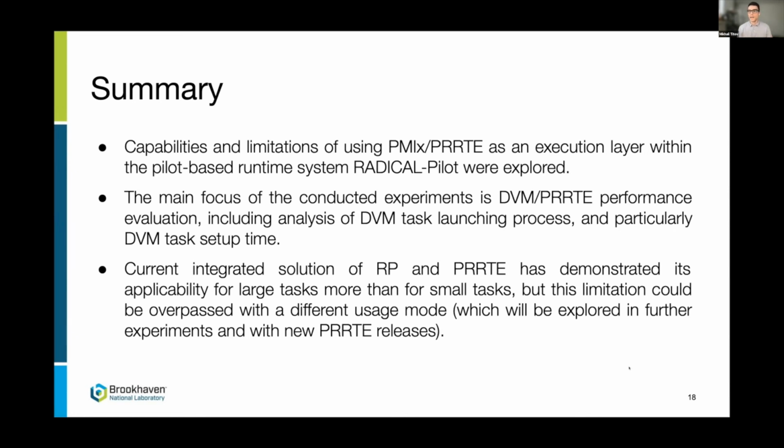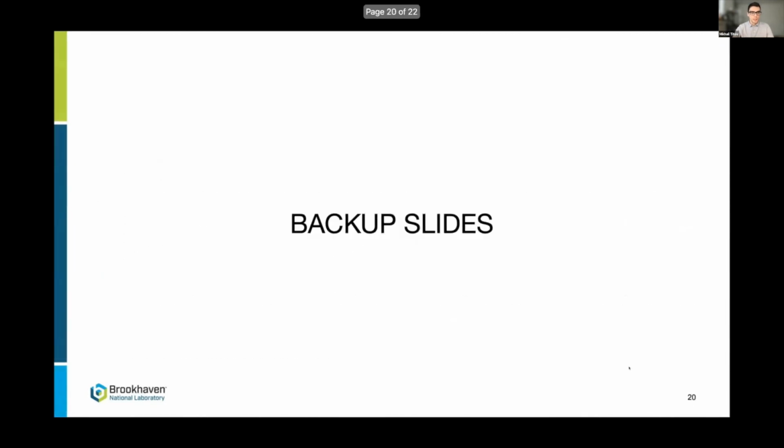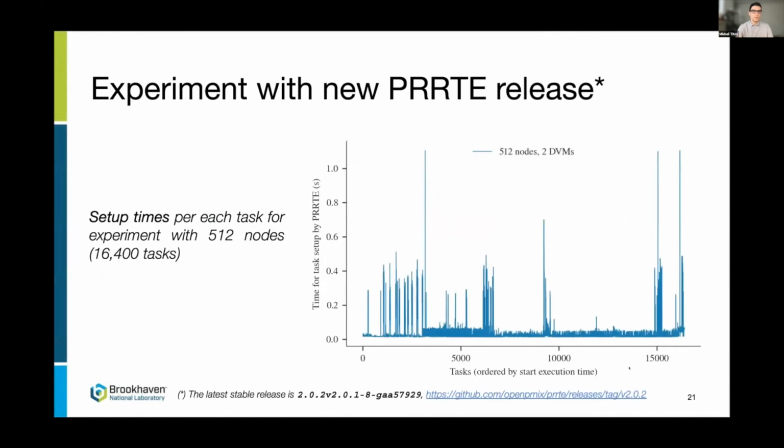But later, after our work was submitted and there was a release of a new version of PRRTE, we did some experiments, and they showed significantly better results. Just at the end here, I want to show that this experiment with the 500 nodes shows significantly better time for task setup, which is less than 1 second for all 16,000 tasks.